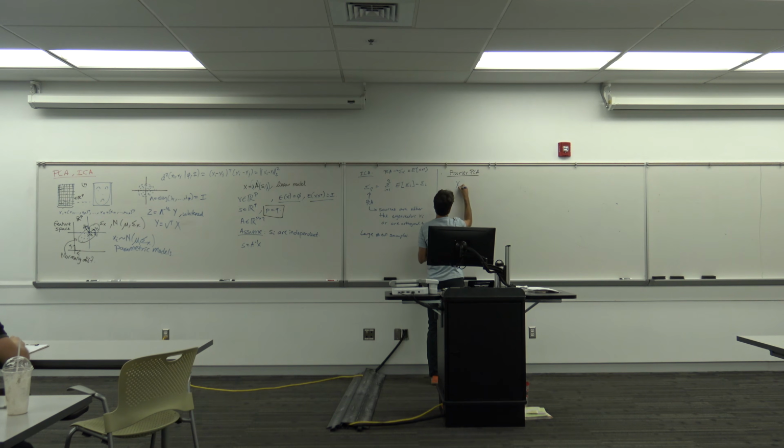So again, we start with our matrix X. X is the samples x1 through xn, our n samples. Each xi, I'm going to assume, is defined in p dimensions. Our sources, the si, are defined in q dimensions.